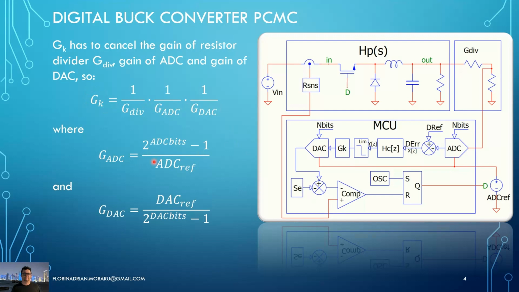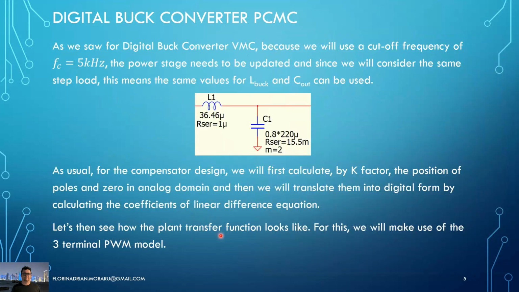Of course, the gain of the ADC is just 2 to the power of the number of ADC bits minus 1 over the ADC reference, and the gain of the DAC is the DAC reference over 2 to the power of the number of DAC bits minus 1.